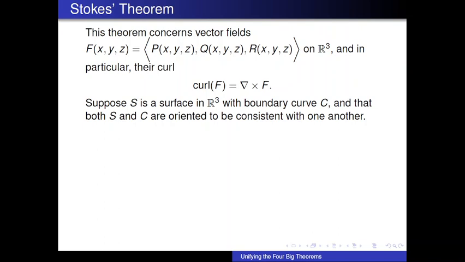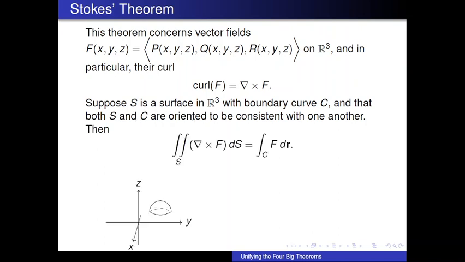And so let's suppose that we have a surface in space that has a boundary, and that boundary is just a single curve C. And let's say that S and C are oriented to be consistent with one another, and I know we've discussed that in a previous video, so we won't harp on it too long here.